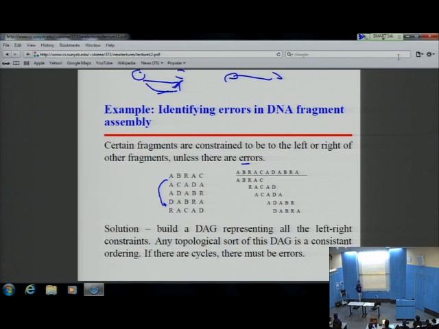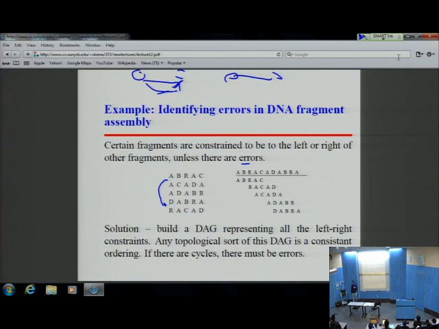And you're given a large number of pairs of these things, each saying a string has to be someplace to the left of another string. You're given n pairs like that. How can you tell if there is a consistent order for those strings?